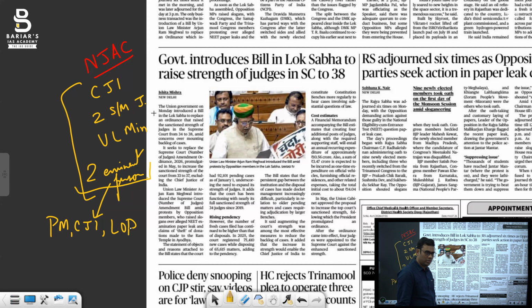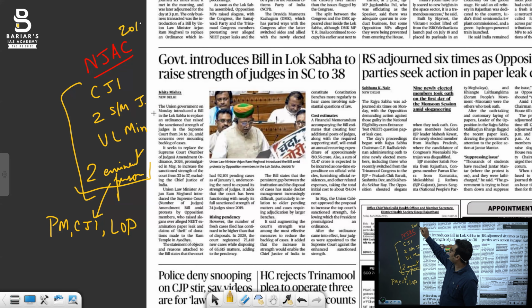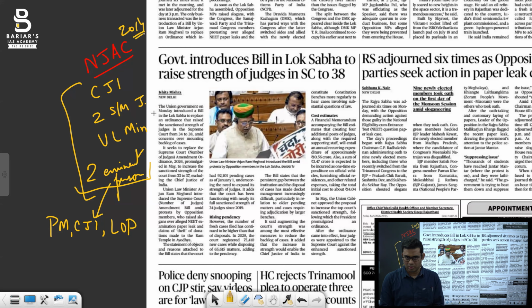So this was NJAC, National Judicial Appointment Commission. ठीक है, done? This is 2014. But in 2015, it was challenged in Supreme Court, what came to be known as fourth judge's case. And in fourth judge's case, Supreme Court struck down NJAC, declaring it null and void.